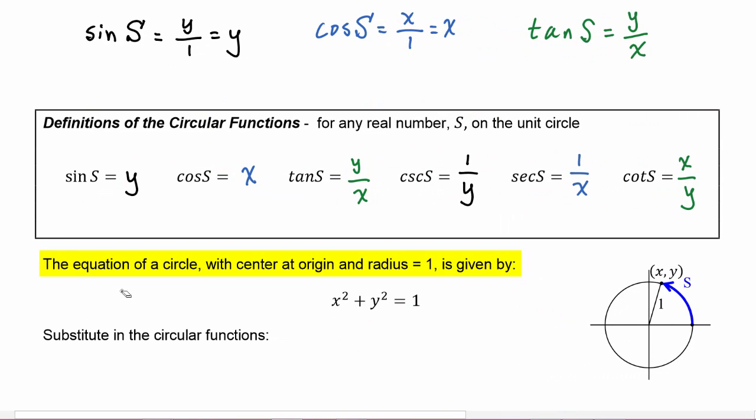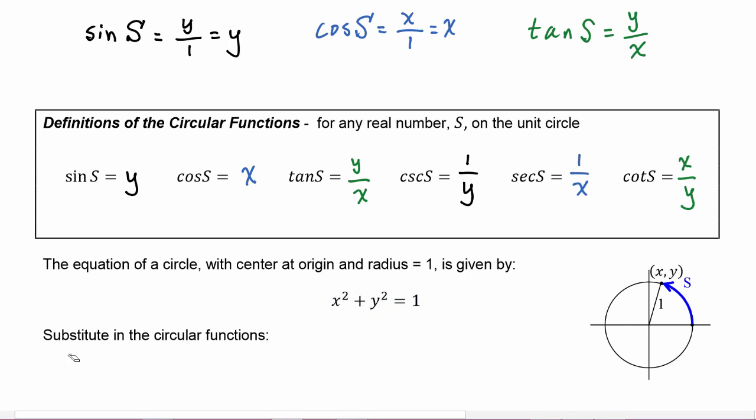Now recall that the equation of a circle whose center is at the origin and whose radius is equal to 1 is given by the equation x squared plus y squared equals 1. You learned that in your college algebra class.